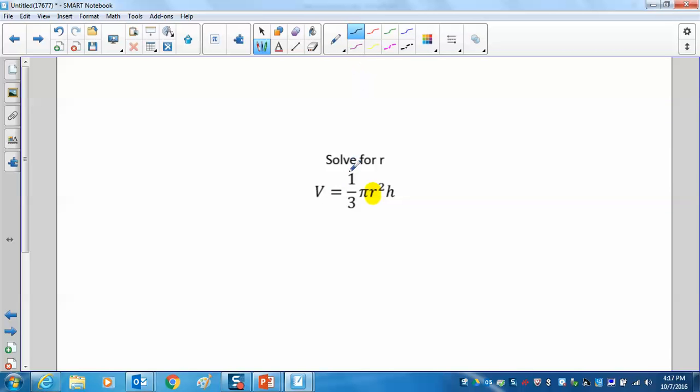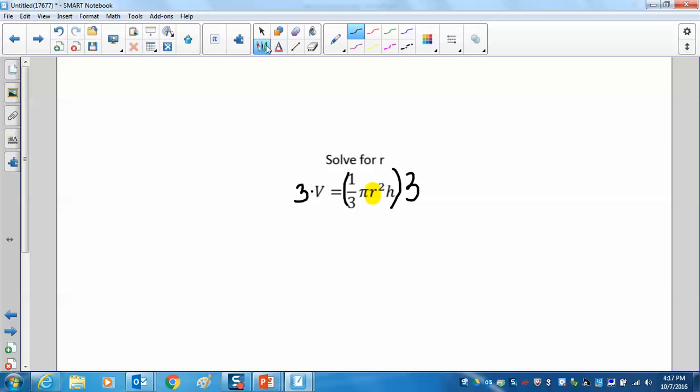Let's clear the fraction. We need to ask ourselves, what do we multiply both sides by to get rid of the 1/3? What can we multiply this side by to clear the 1/3? That's 3 over 1, or 3. If we multiply this side by 3, we also have to multiply the left side by 3.